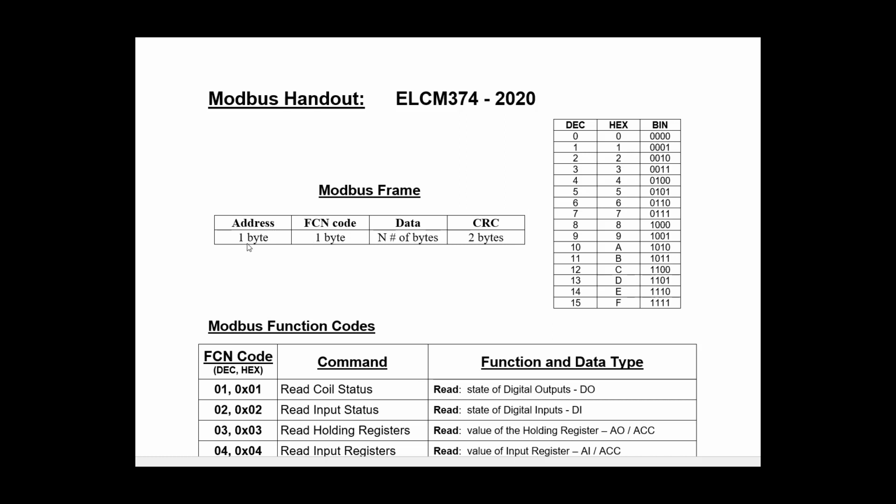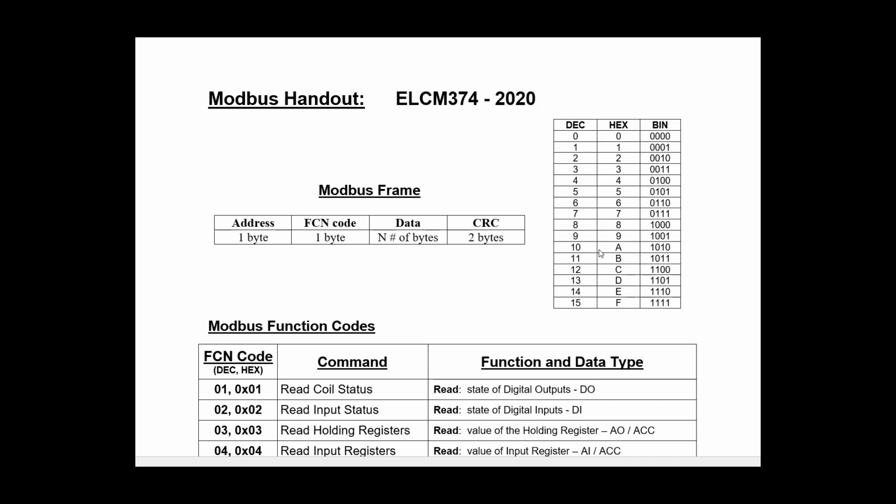So let's say that our address field was indicating a slave address 10. A slave address 10 would be 0A as a hex value. So we could say 0A is our address field. You can easily communicate 0A. But if we were actually to communicate that as binary, that would be 00001010. You can see how communicating that isn't as efficient, and it's a lot more prone to error.